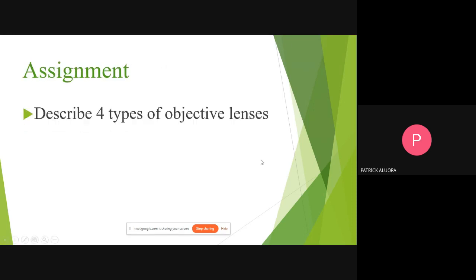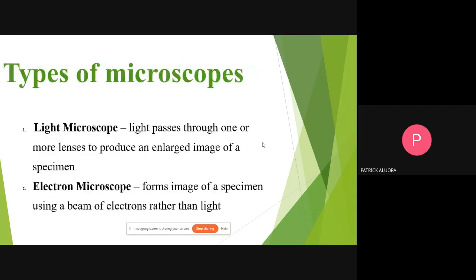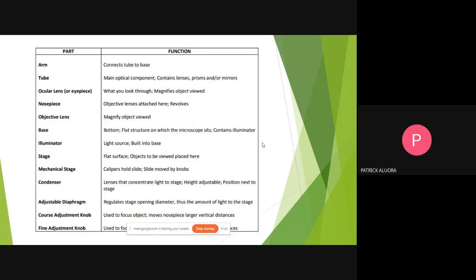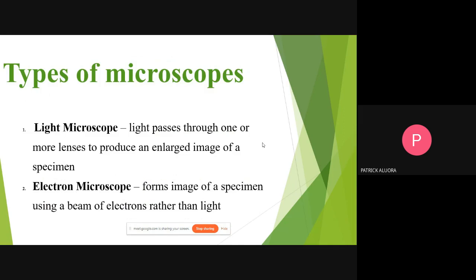Gladys, do you have a question for me? Yes, I have a question. When do we use a compound microscope? So I said you should be able to know the difference between the light and the electron microscope at your level.